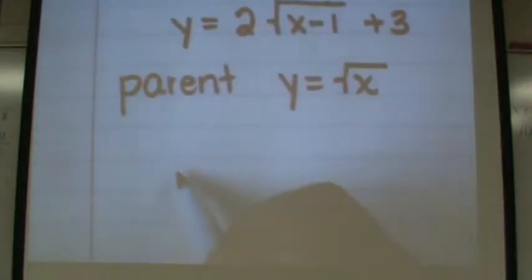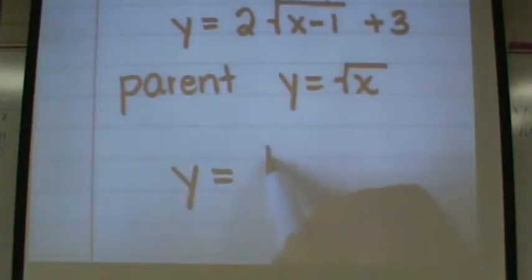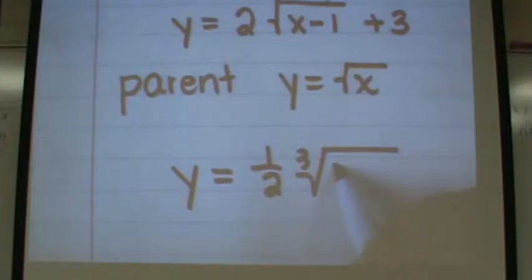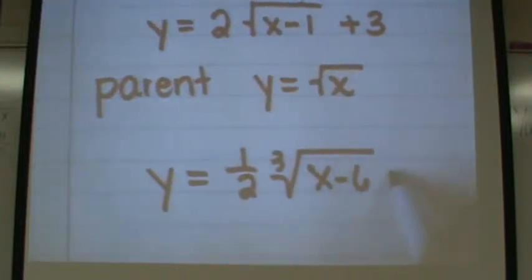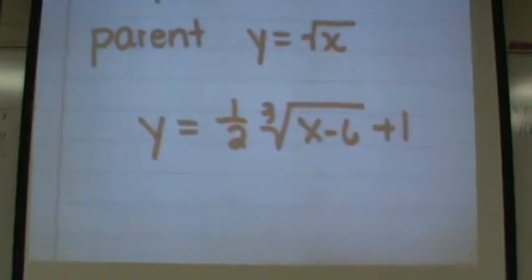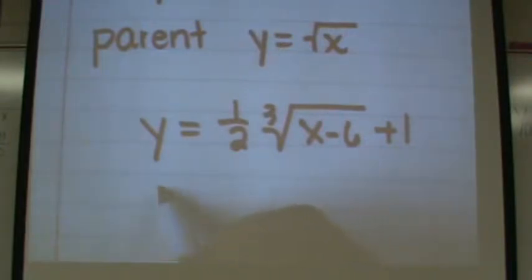So if I gave you a variety of different, if I gave you this one, and I said, what's the parent function? You would be able to say, it's the cube root.